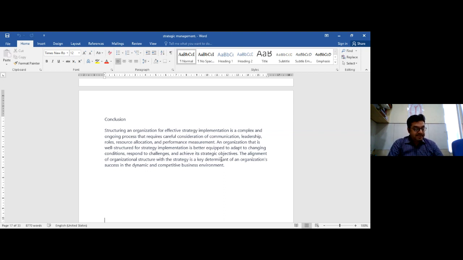Development of policies that would define the guidelines for the implementation of the strategy and identify its success in a dynamic and competitive business environment.